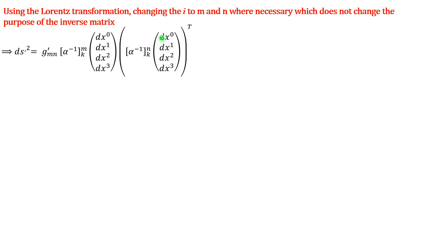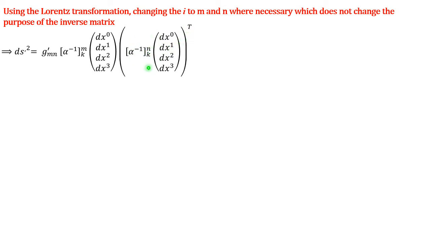Now we have to understand here that this relationship is for dx prime n, while this other one is for dx prime m. So we can see that this inverse Lorentz matrix is transforming dxm. So that's why we have mk. While this Lorentz matrix here is transforming dx prime n. That's why we have alpha inverse nk.